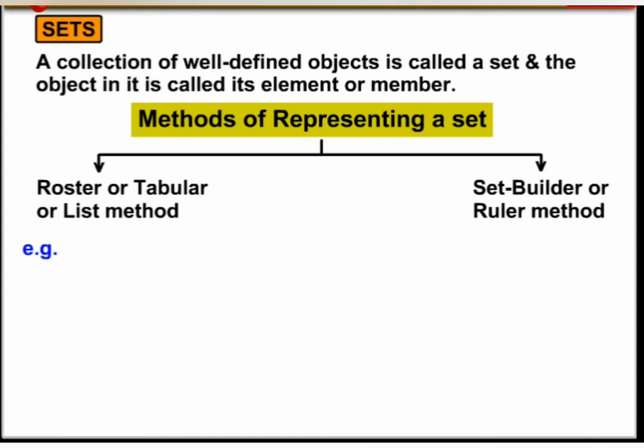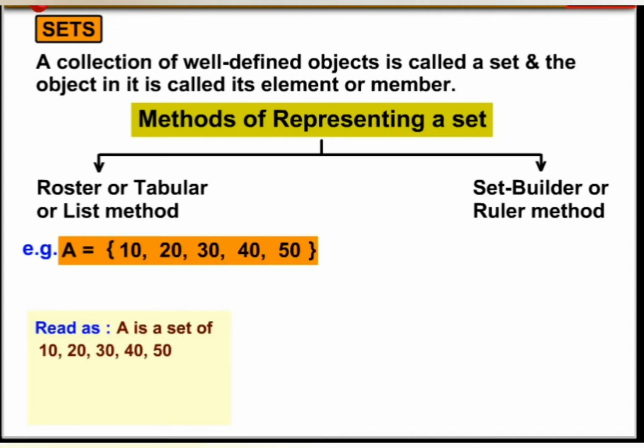The example of roster method is A = {10, 20, 30, 40, 50}. This can be read as A is a set of 10, 20, 30, 40 and 50.